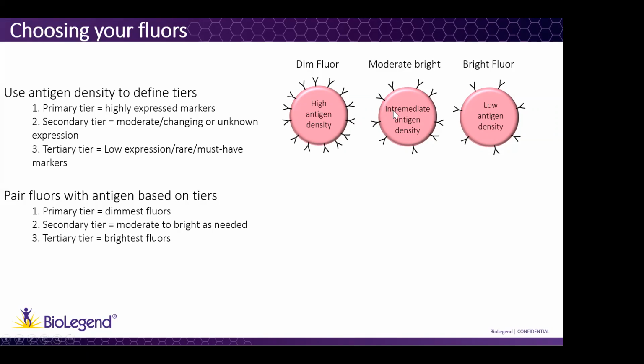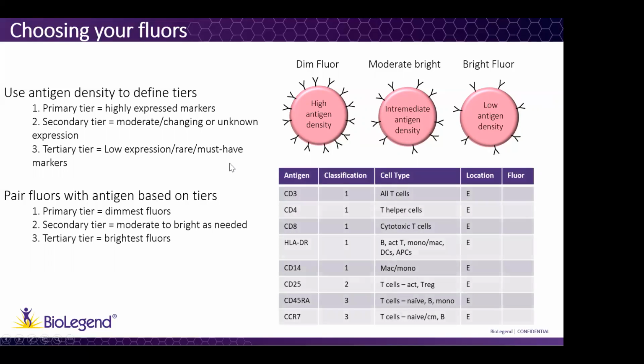For instance, if you have a disease model, some marker may be really strongly expressed in a healthy sample, but when you have the disease sample, it's expressed really low. So then you need to have an intermediate brightness antibody, or fluor, so you can detect both. And then lastly, you have your primary tier, which is usually the dimmest fluors because it's something that is really highly expressed in the cells.